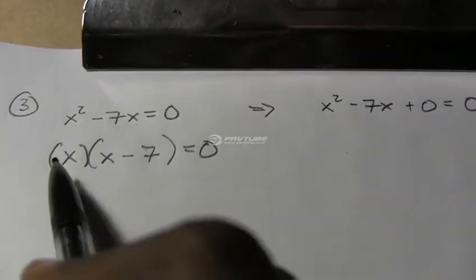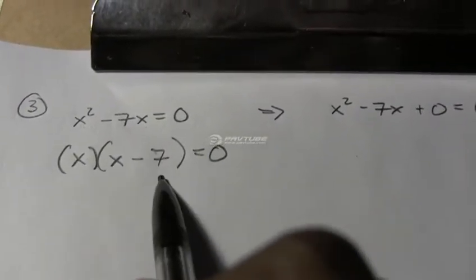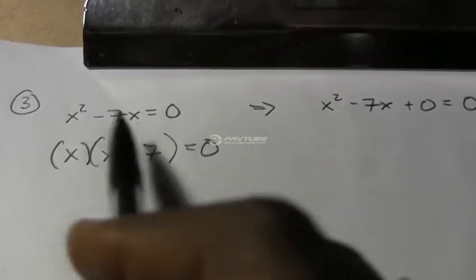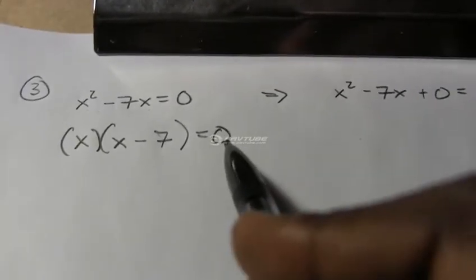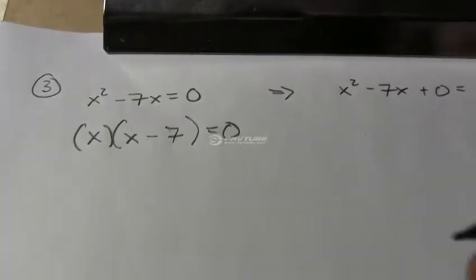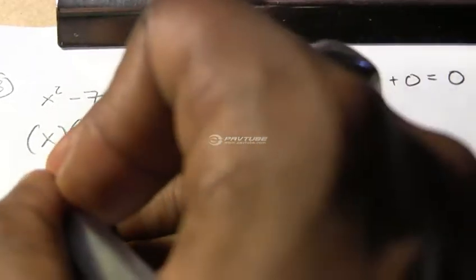From here, it's easy, because we know with multiplication, one of these things has to be 0. So either this term is 0, or this term is 0, or both of them are 0 for it to equal 0. Do like we did last time. x is equal to 0, and then we solve it.